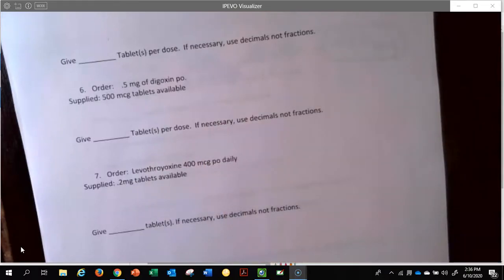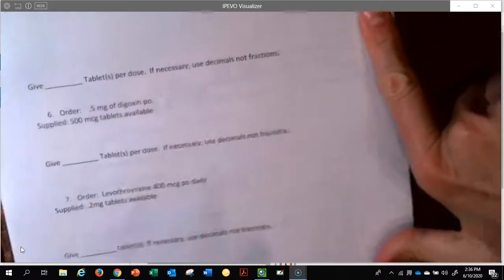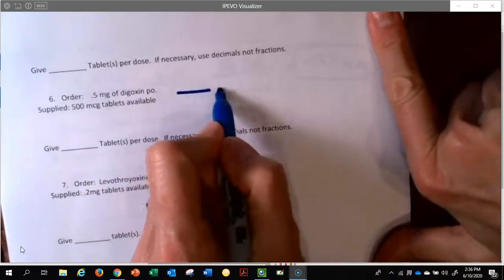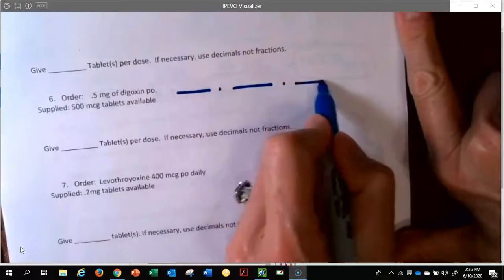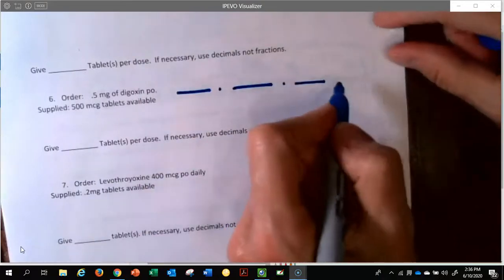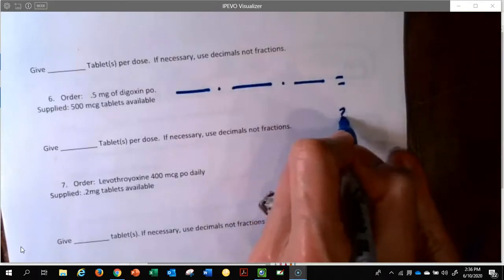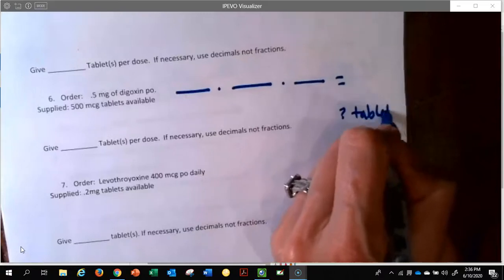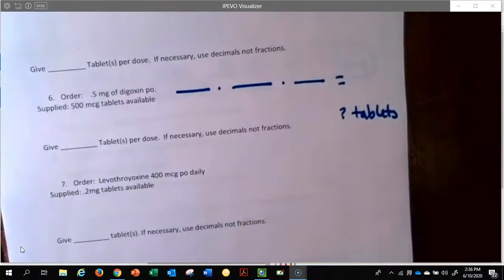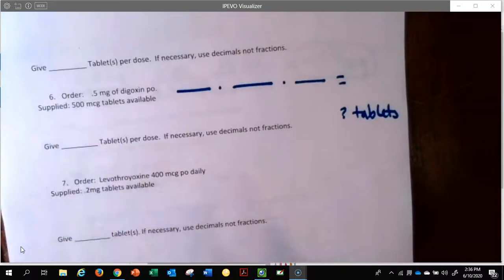We got to start somewhere, and then we got to move everything around according to the dimensional analysis and the need to get rid of units. I throw up 3 of these just because I usually need 3. I may not need 3, but in the end, I'm looking for how many tablets. 1 tablet, 2 tablets, 12 tablets. What's it going to take for this order and what is supplied?